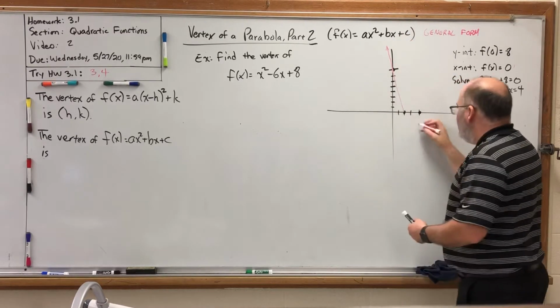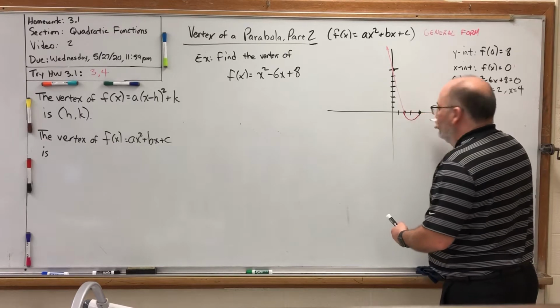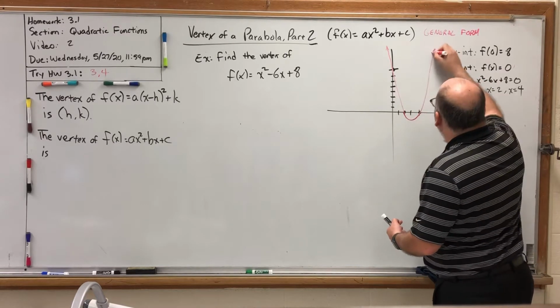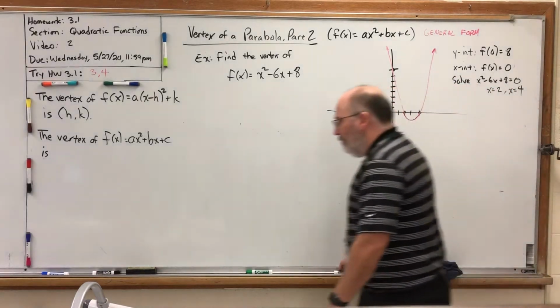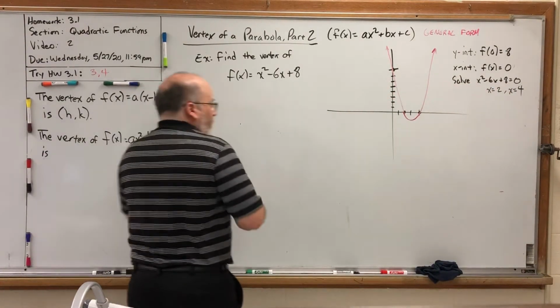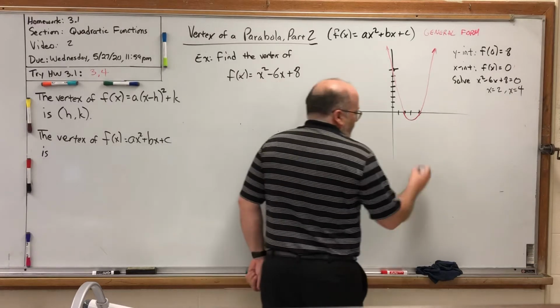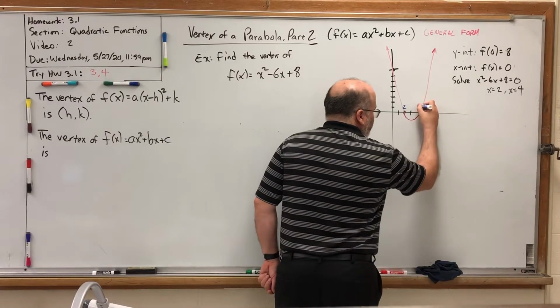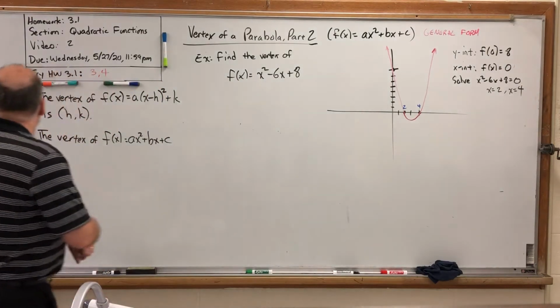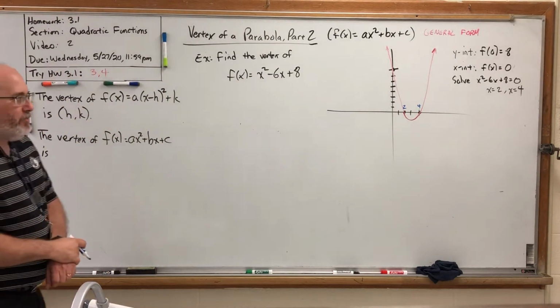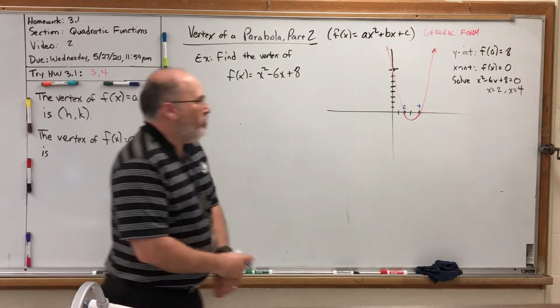It's got to hit both intercepts. At some point it's got to turn around. That's what we're looking for. So let's use a little bit of intuition, if we will. We know it has an x-intercept at 2. We know it has another x-intercept at 4. Now, one thing about parabolas is that they're symmetric, or they have a line of symmetry.